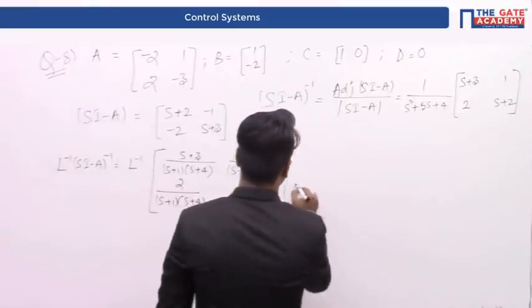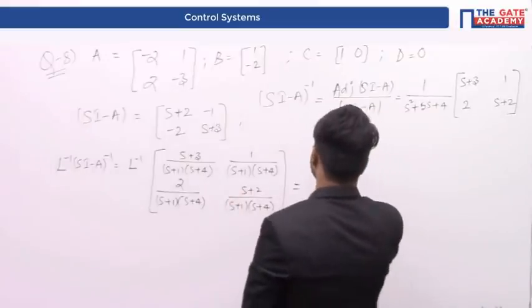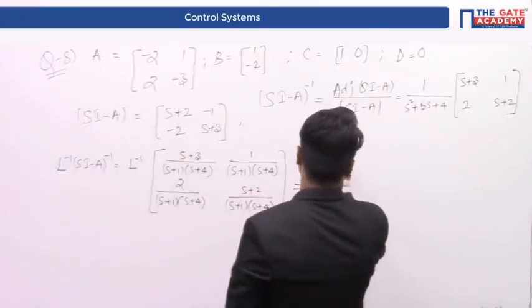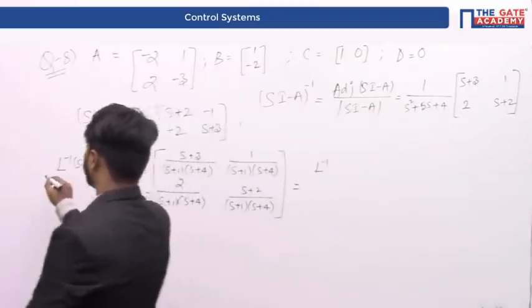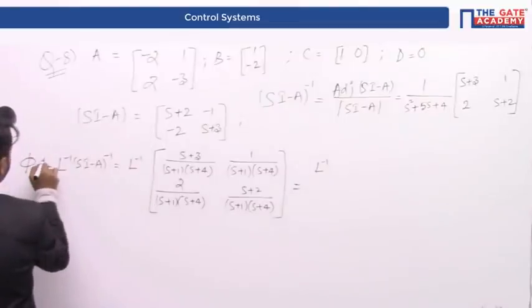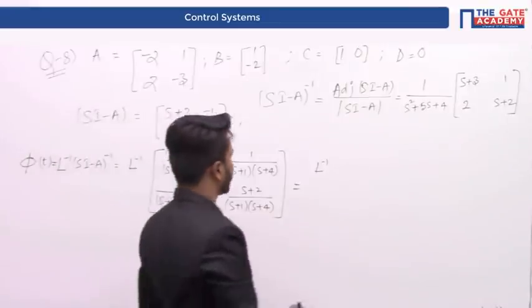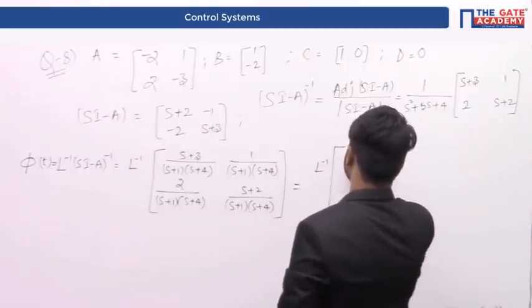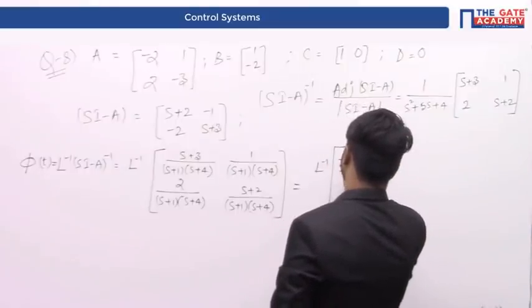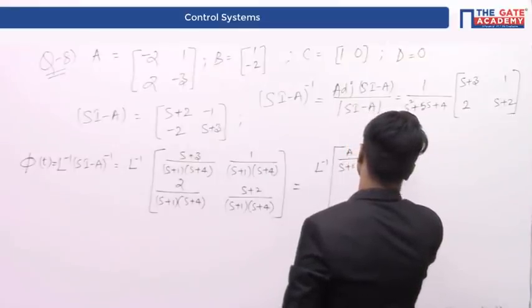In order to find its Laplace inverse, we have to split this matrix into partial fractions. The Laplace inverse of (sI minus A) whole inverse is nothing but the state transition matrix phi of t. That is equal to the Laplace inverse of A by (s plus 1) plus B by (s plus 4).